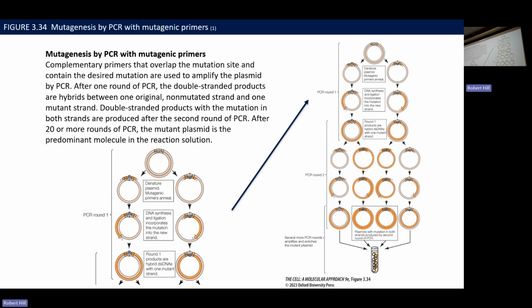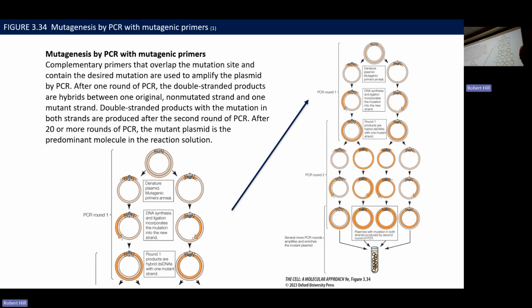You're mutating at a very specific location in the sequence. It's all working by using mutated forms of the primer that you're synthetically generating. You're using a machine to generate these primers. You can direct it to produce any sequence you want.